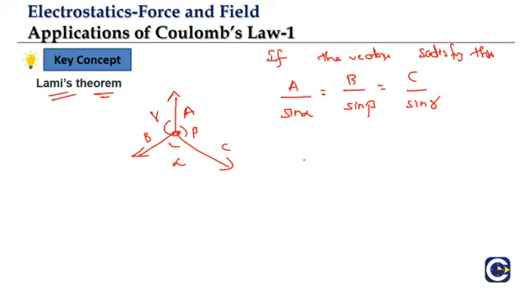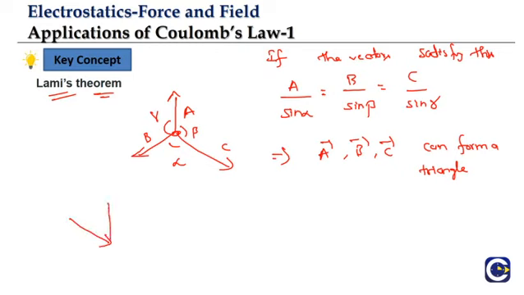If they satisfy that, then A bar, B bar and C bar can form a triangle. What do we mean by this? They will be able to form a triangle. How? We will bring the vectors and form a triangle out of them. This is C, let this be A and let this be B.